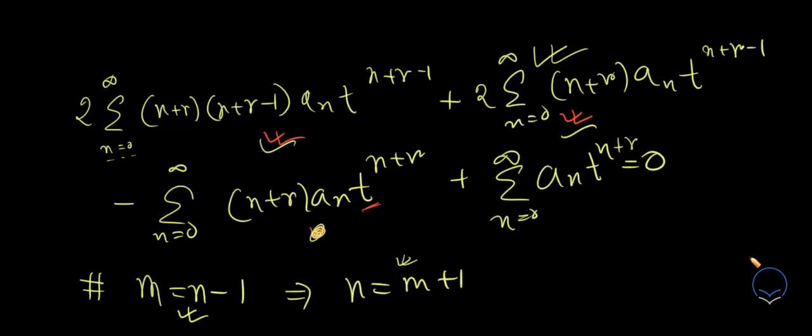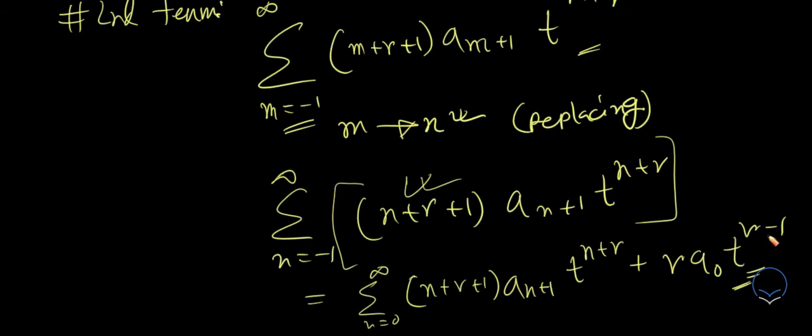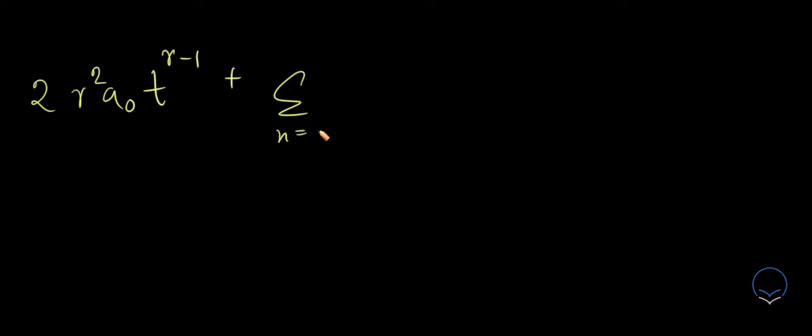And similarly for the first term, you need to do the same thing that I did for the second term. And if you are done with the algebra, that means all the replacing and switching these dummy variables, you will have something like 2 r square a0 t to the power r minus 1 plus the sum over n from 0 to infinity.